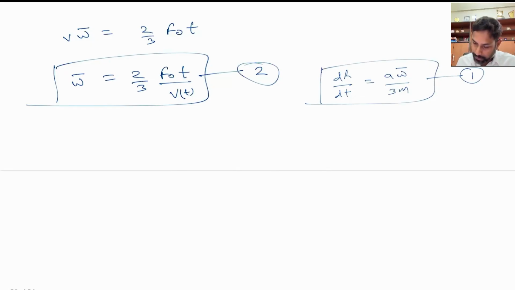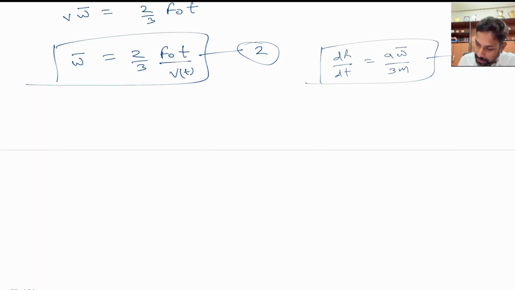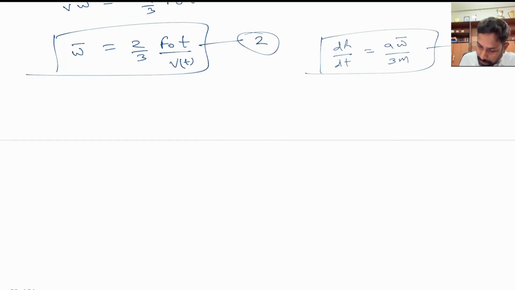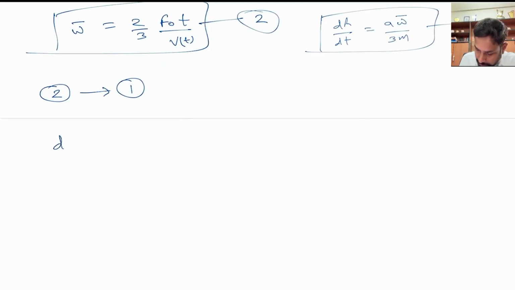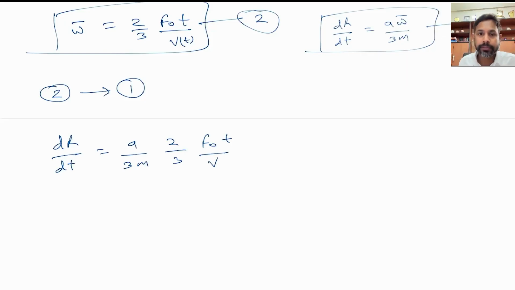All right, so now we know that we have derived an expression for w bar in equation 2, so we can replace w bar in equation 1 using equation 2. So we put equation 2 into equation 1, and that gives us dr over dt is equal to a over 3m, w bar is 2 by 3 f naught t over v.